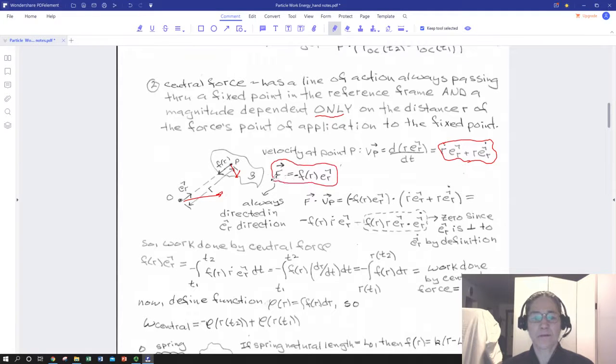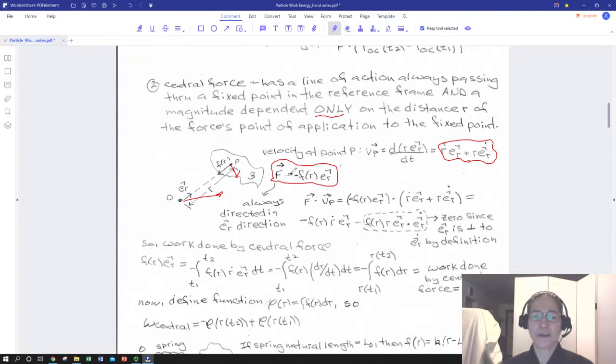So here's our F. We want F dot vP, so we need an F. We've got our vP here, we need an F. So we're going to presume that the force is going to be negative, because we're thinking of springs, negative some function of r. So, the bigger r gets, the bigger F gets, or smaller, whatever. But it's always pointing in the r hat direction.